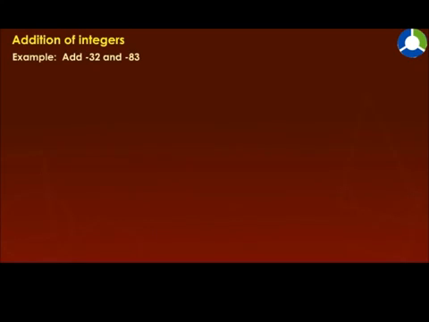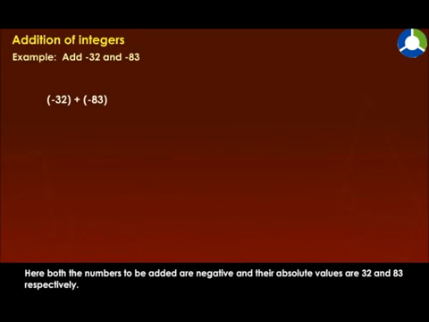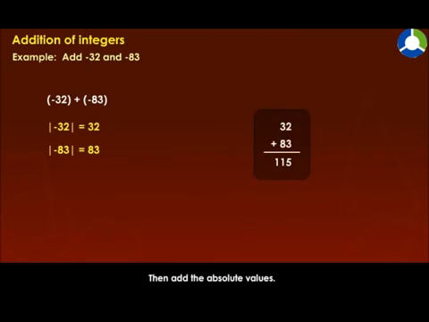Add negative 32 and negative 83. Here, both the numbers to be added are negative and their absolute values are 32 and 83 respectively. Then add the absolute values.